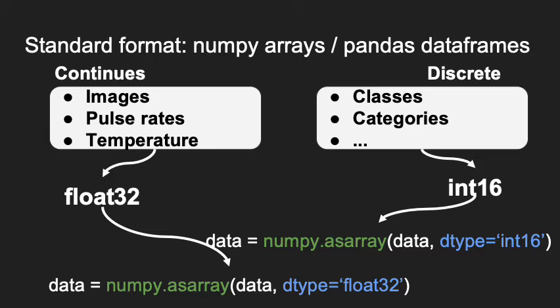Most GPUs really like float32, and it takes less space than float64, which is the default for Python. When it comes to discrete values, you could use int16 if you don't have too many of them. Int16 is usually way more than enough. Otherwise, you can also use int32.